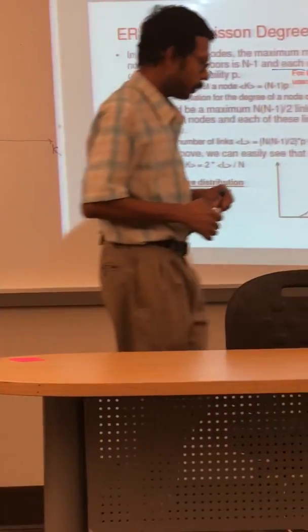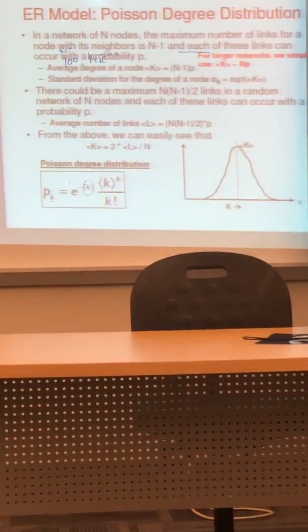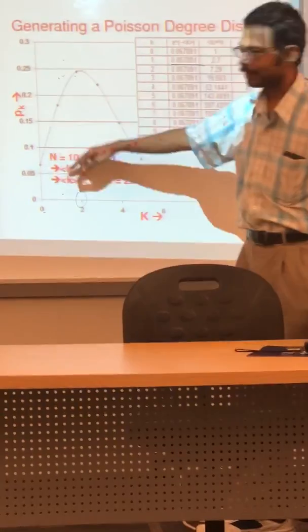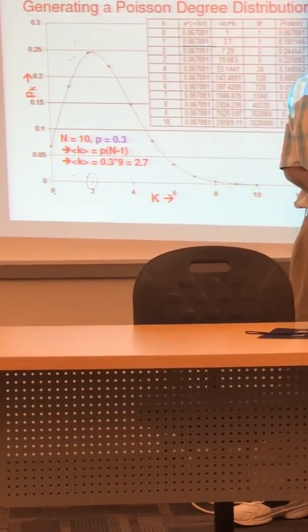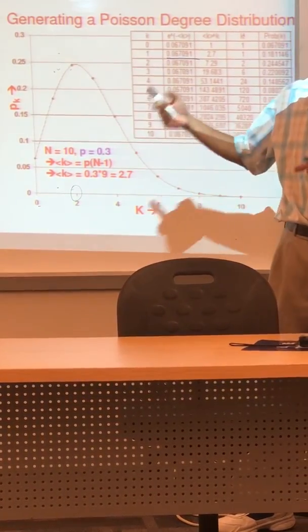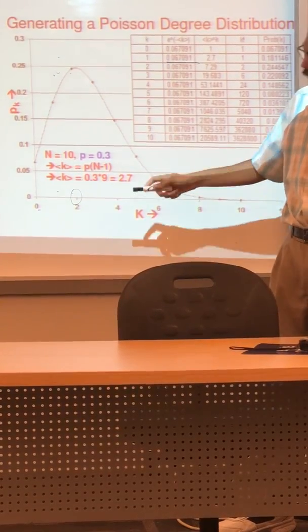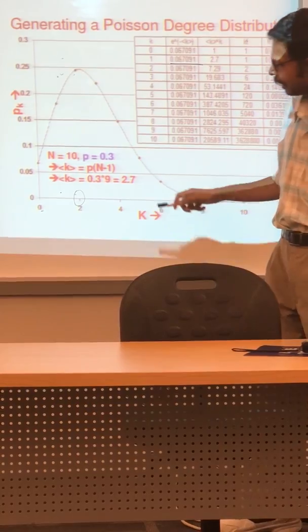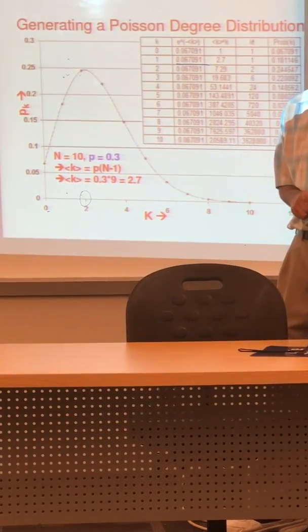So let me show again the Excel how I did it. You can try it. So let us say n is 10 and p is 0.3. According to our ER model, the expected or average degree is n minus 1 times p, which comes out to be 2.7.